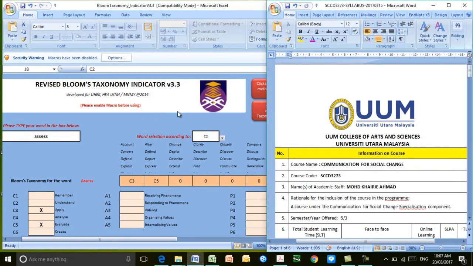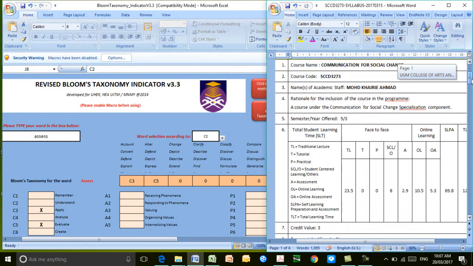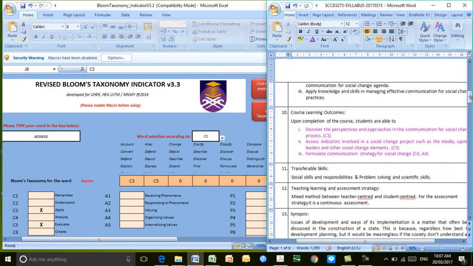So we're going to use these Bloom taxonomy indicators basically for two main parts in our syllabus. The first one is item number 10, the course learning outcome. So we're going to use these tools in order to construct and to validate our course learning outcome.